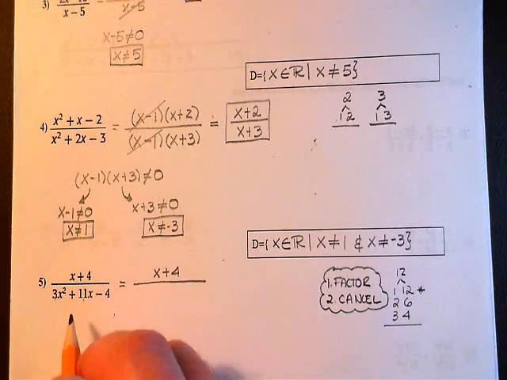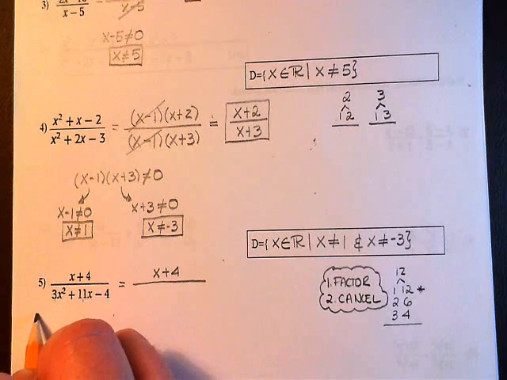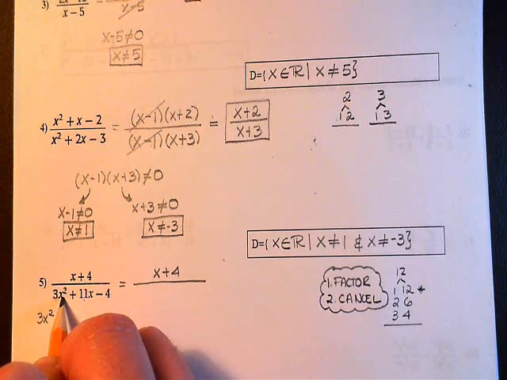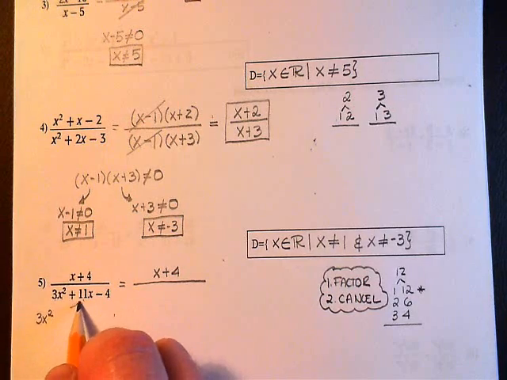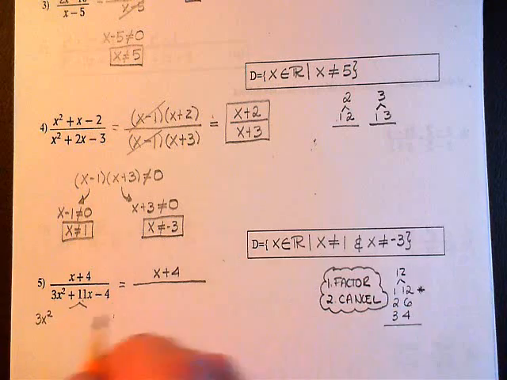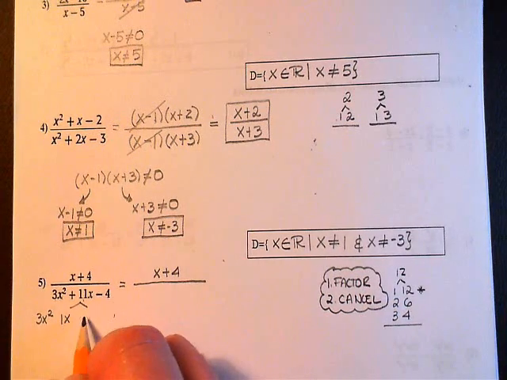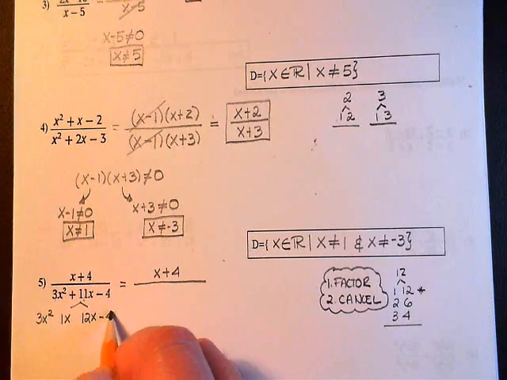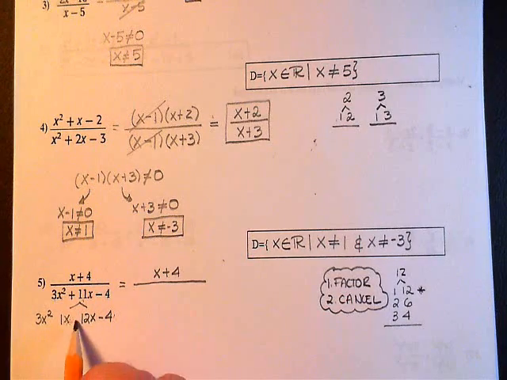So what I'm going to do here is copy the first term over here, 3x squared. I'm going to break this 11 as 1x and 12x. And I'm going to copy the last number. Now I need to decide what the signs are going to be over here.